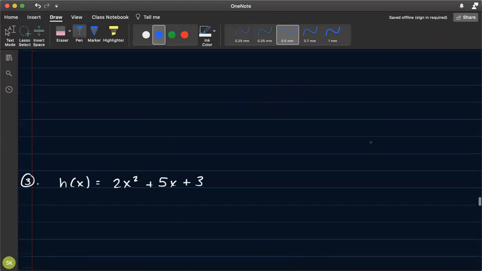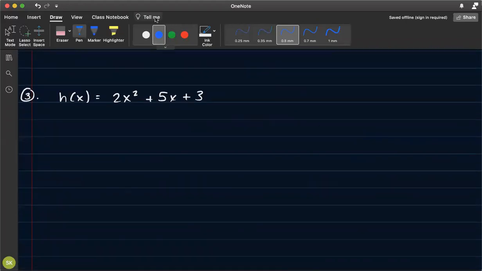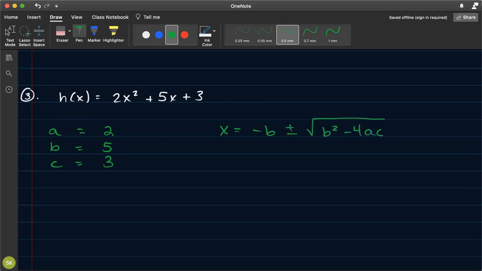What else do we have? Okay. Let's write out the A, B, and the C. A is 2, the number in front of the x squared. B is 5, C is 3. The quadratic formula is the opposite of b plus or minus the square root of b squared minus 4ac, divided by 2a.